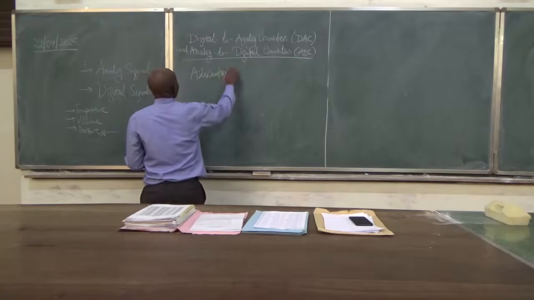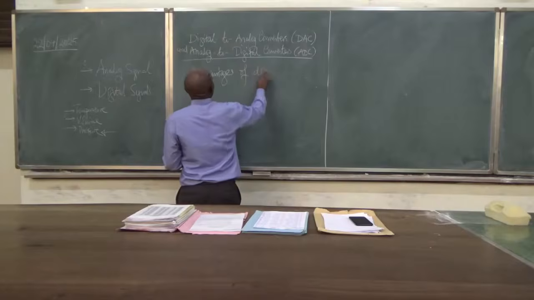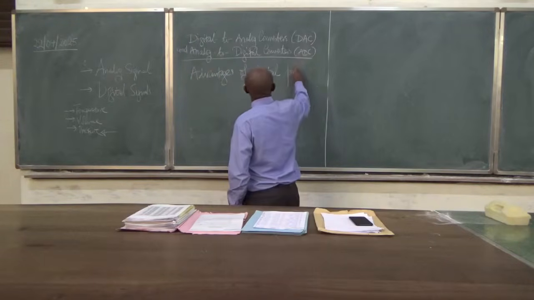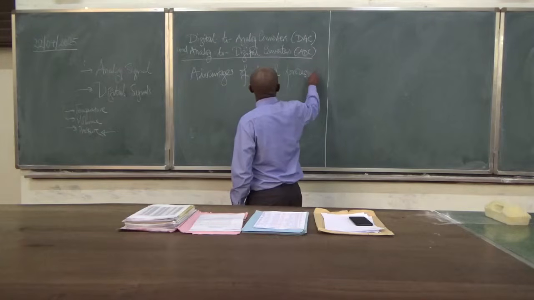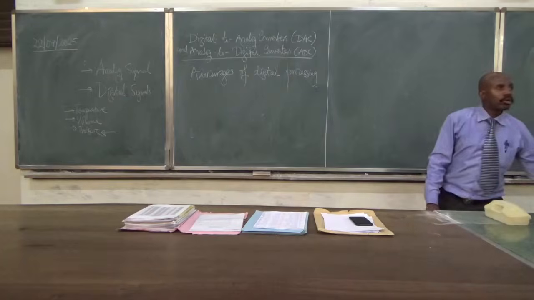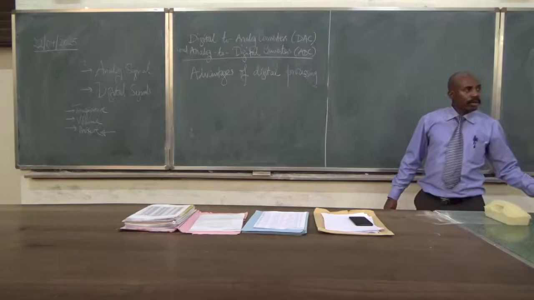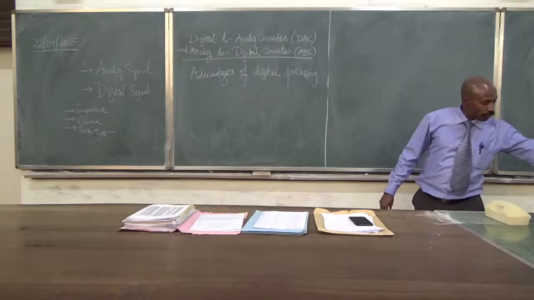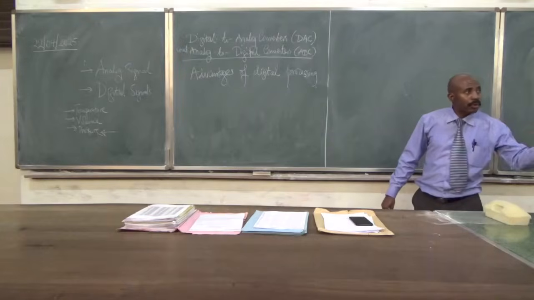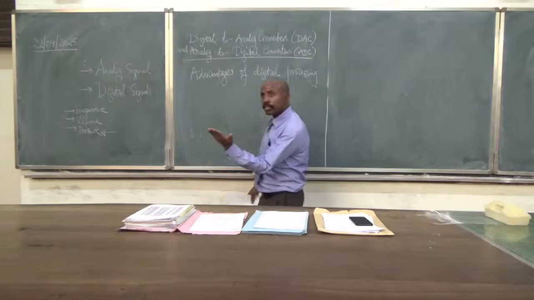So let's see the advantages of digital processing. The issue is, why are we doing this conversion? Why are we converting from analog to digital? Why are we converting from digital to analog? You have to do analog stuff to type, even on your phone. You type your stuff there, it goes into your phone, and then it becomes digital.